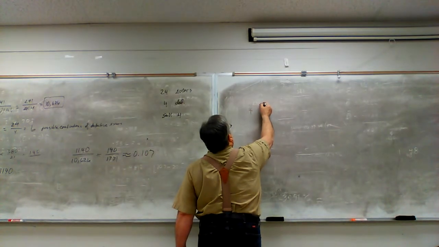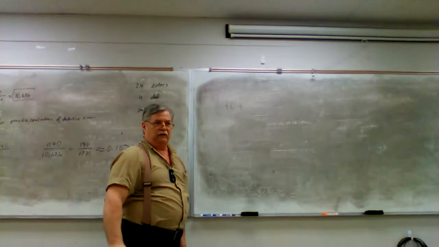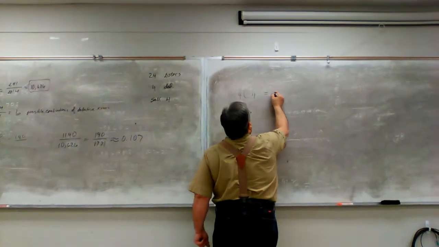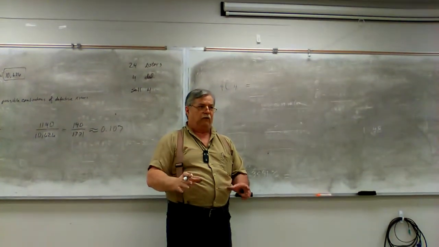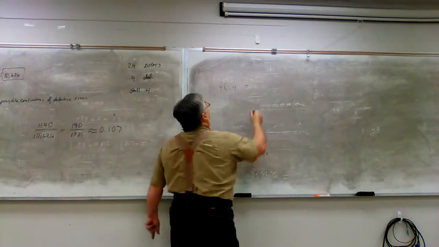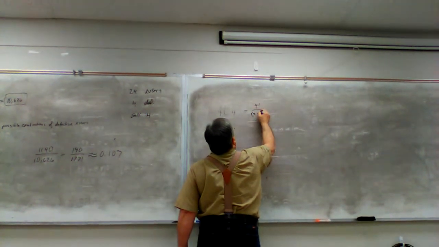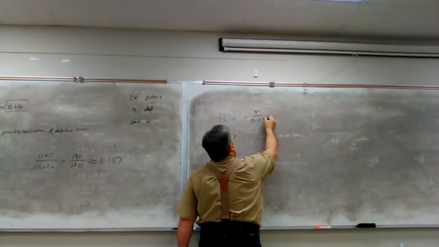Out of 4 defective transistors, you're choosing 4 of them. How many combinations of all four of them can you arrange in a set of four? It becomes 4 factorial over 4 minus 4 factorial times 4 factorial.